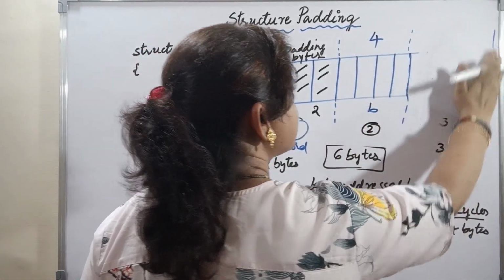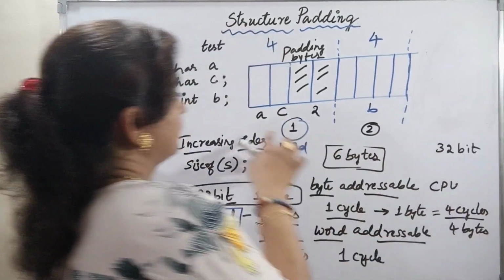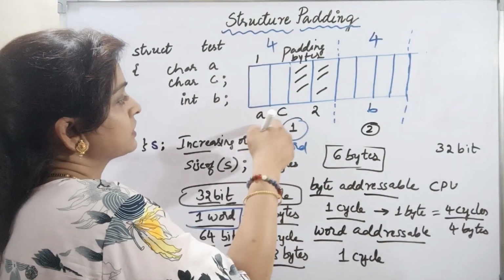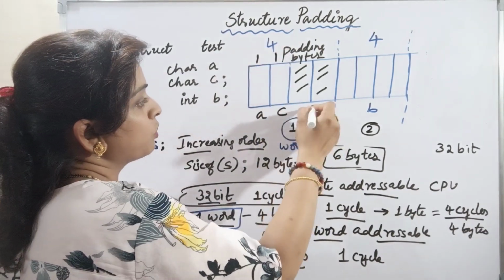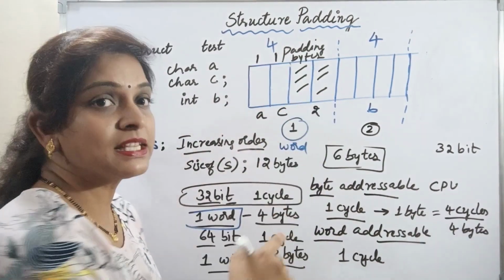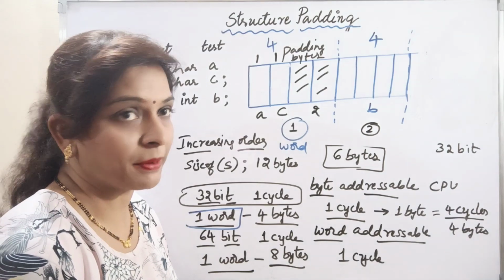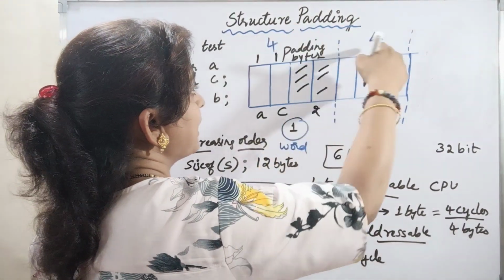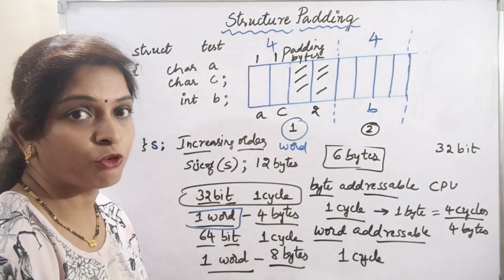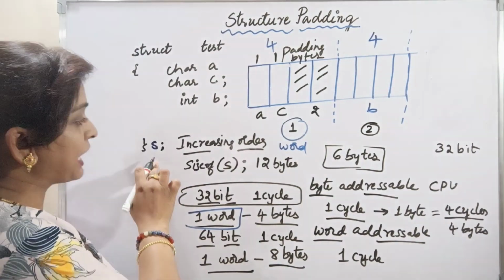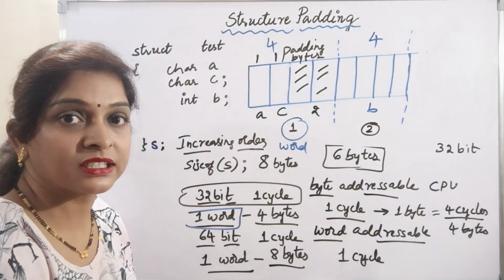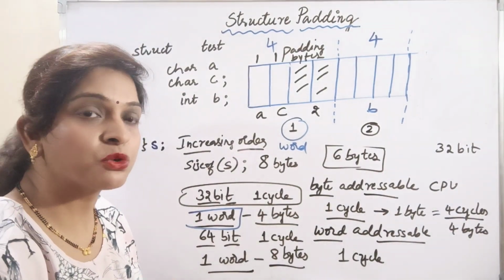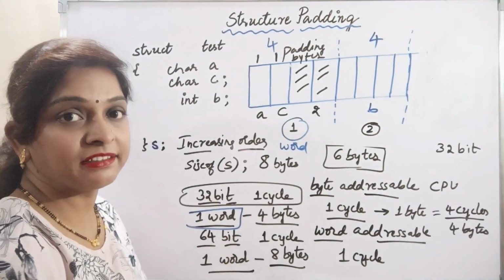So what happens here? Character A takes 1 byte, character C takes 1 byte, and the remaining 2 bytes are filled as padding bytes by the compiler. So it is 4 bytes in total, and the integer is another 4 bytes. If I print the size of the structure, it prints 8 bytes. So the programmer should know how to create the members.